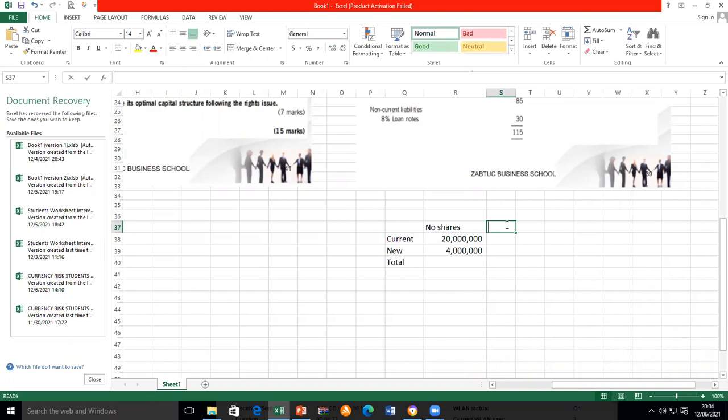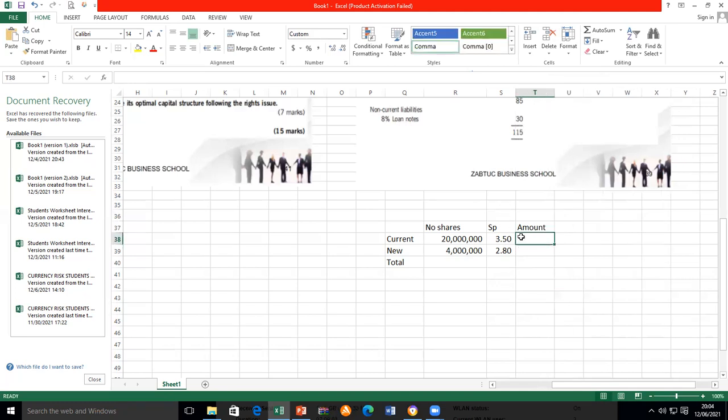The prices, 3.5, and this one at the discount. What are the total amounts? Total amount, let's go, that by that.